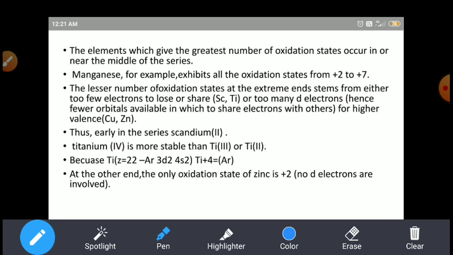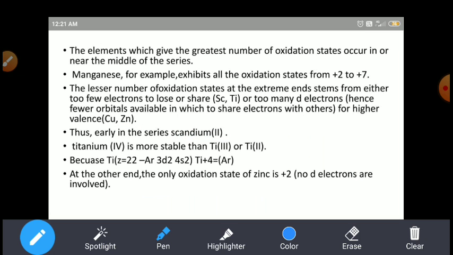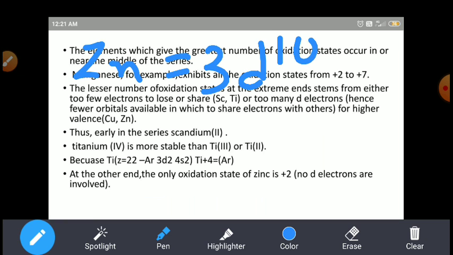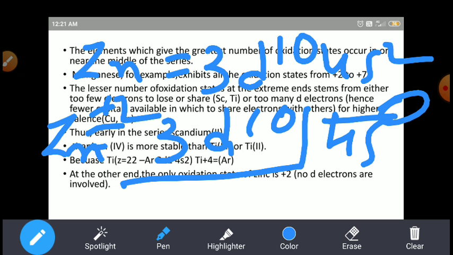At the other end, the zinc oxidation state is +2. Consider the number of d electrons involved. Zinc is 3d10 4s2, and after losing two electrons, 4s0.